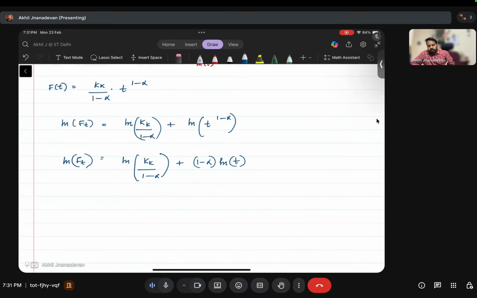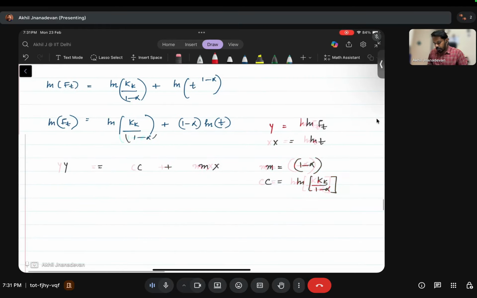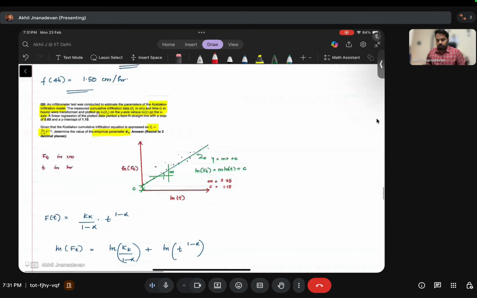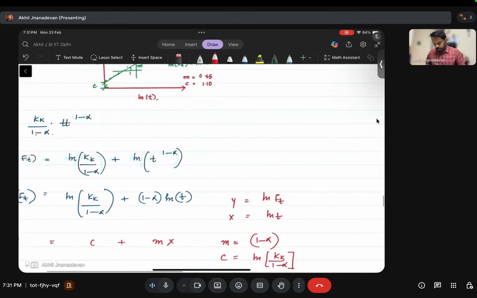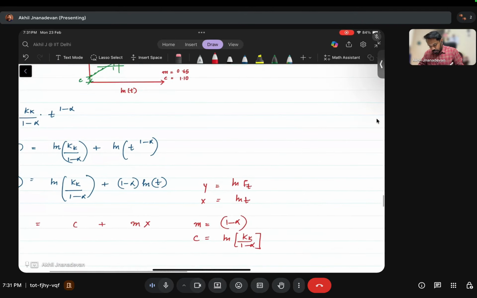Now you can compare this to the equation of a line, that is y = c + mx. So if our y is ln of F(t) and x is ln of t, then our slope m will be 1 − α, and our intercept is ln of K/(1 − α). These two they have already given. They fitted the plot and gave the slope and this value, right?